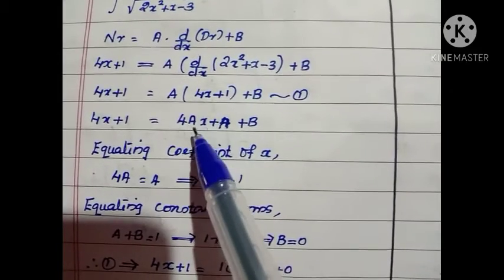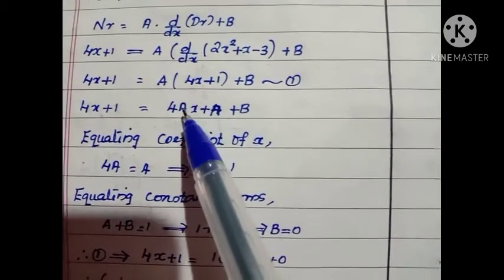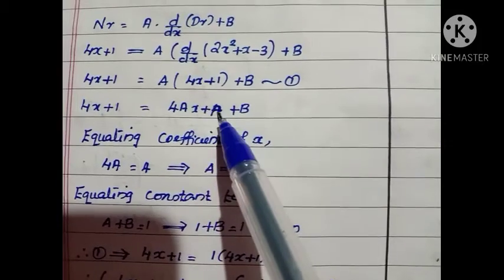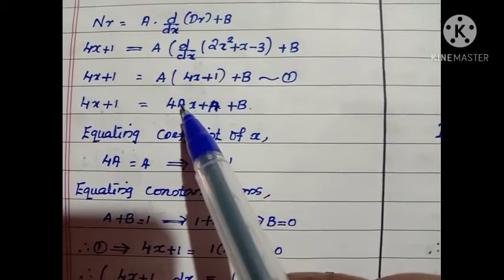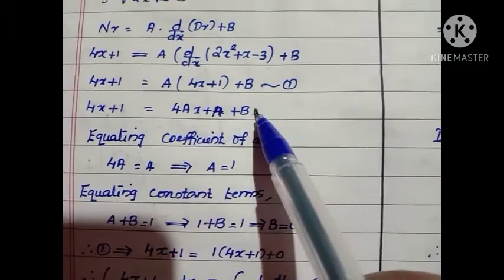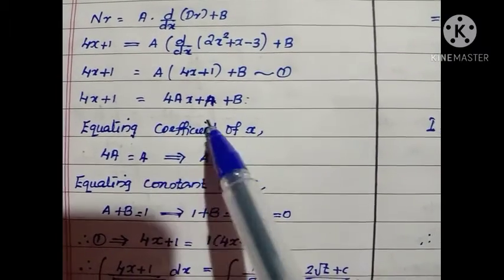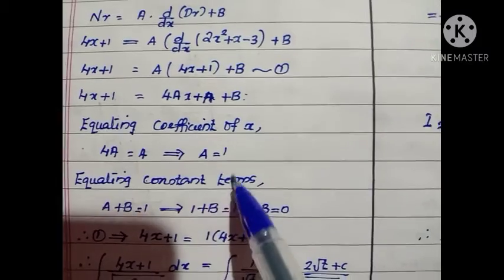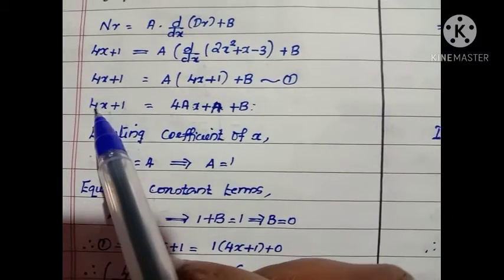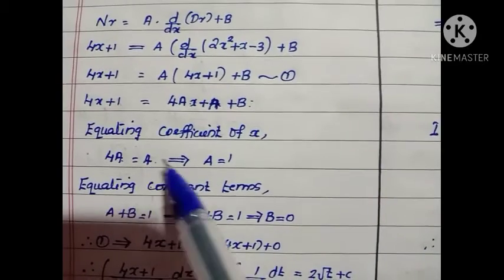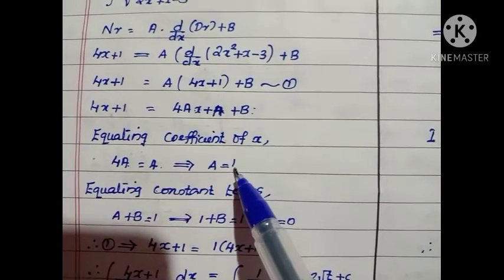Now open the bracket, you can see it is equal to 4ax plus 4a plus b. Now we need to find the values of a and b. So we equate the coefficient of x and the constant term. Here coefficient of x is 4a, here 4. So 4a equal to 4 implies a equal to 1.